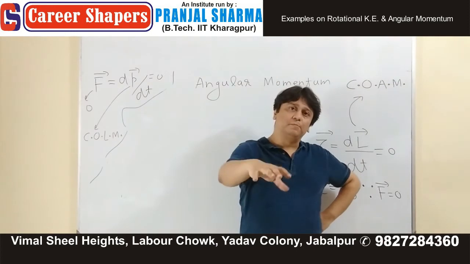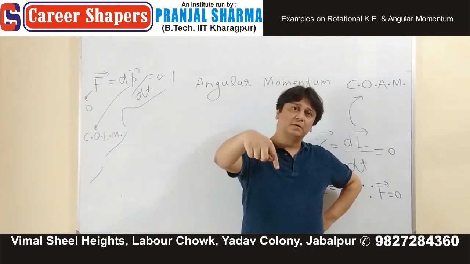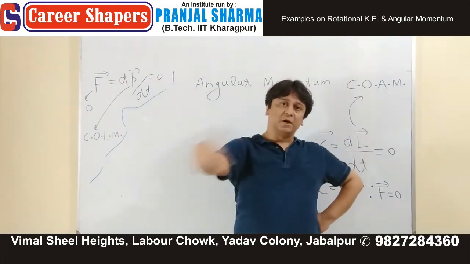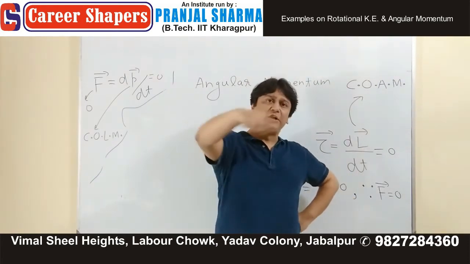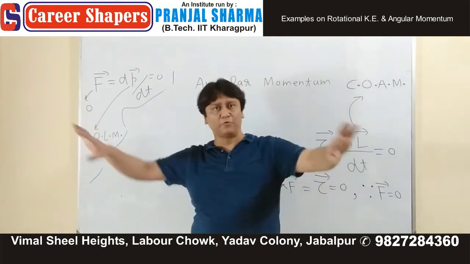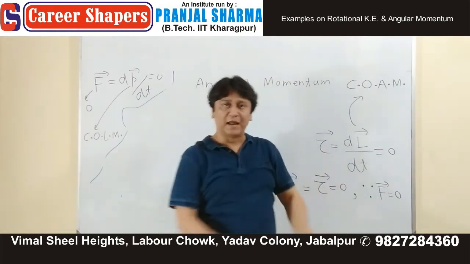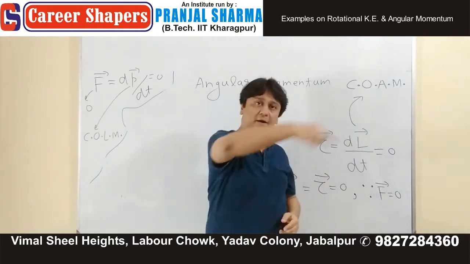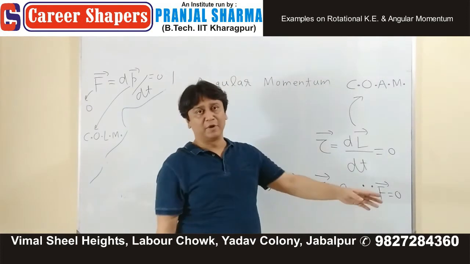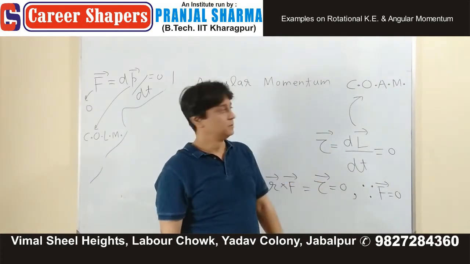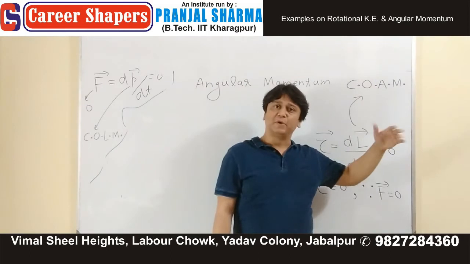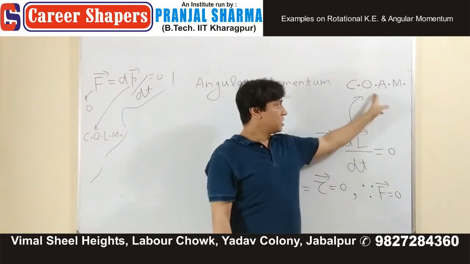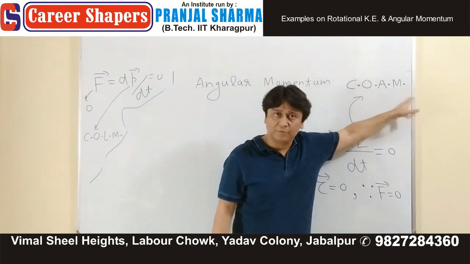Just sit on a revolving chair and then try to rotate your body. Try to turn the whole revolving chair without taking any support from walls or anything like that. Even if you push your body, there is no way you can rotate it. Why? Everything happening is what? Internal. Now, since everything happening is internal, we say that external torque is zero, your angular momentum will remain conserved.